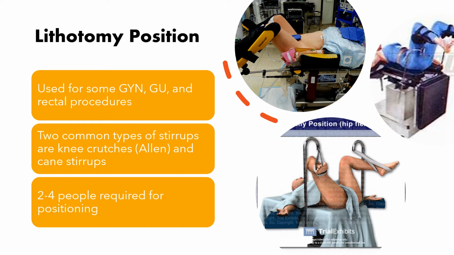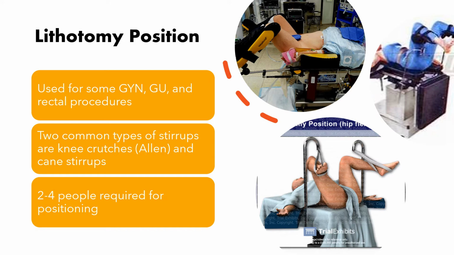Once the patient is positioned in the supine position, there's 1 of 2 ways that they can do the arms. One, they can put them out on the arm boards, and we want to make sure that the arms are positioned at 90 degrees or less from the body, or they're going to tuck the arms. You can see in this top image with the yellow Allen stirrups that the arms are down to the side.